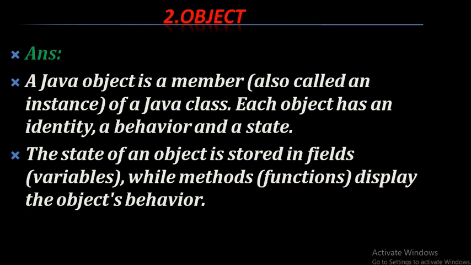The state of an object is stored in fields, that is the variables, while methods or functions display the behavior of the object.